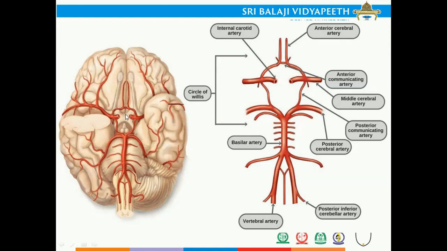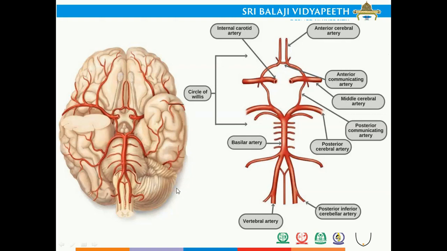Exactly over the space of the optic chiasma, you find the circle of Willis resting, and it is present between the temporal lobes. It is seen exactly above the pons and the medulla oblongata.